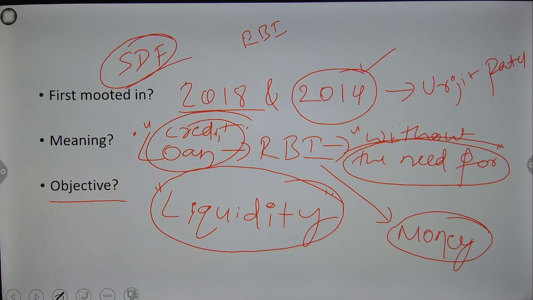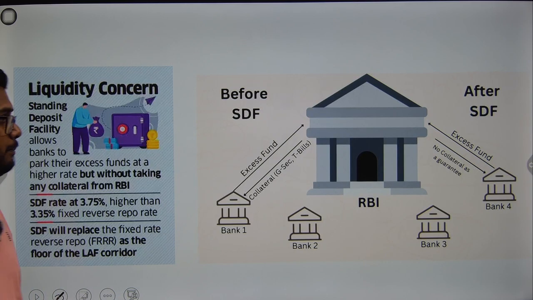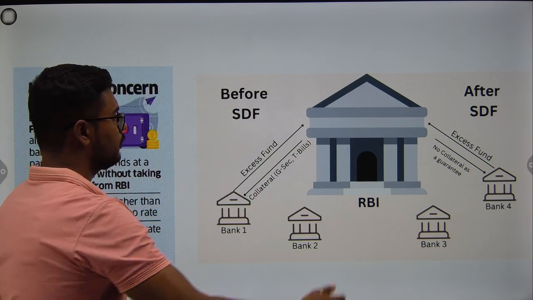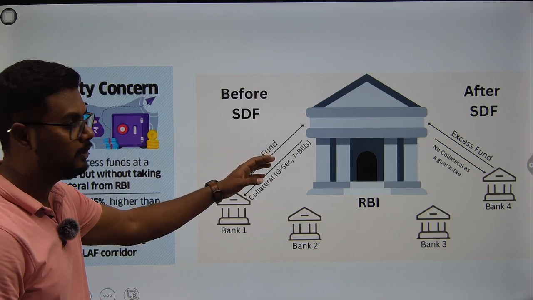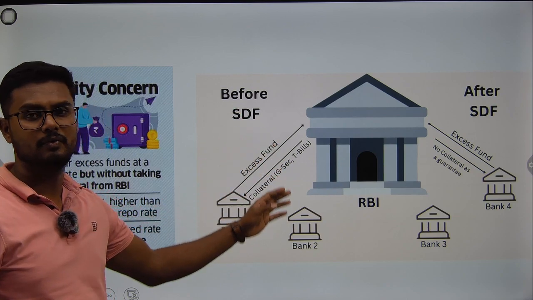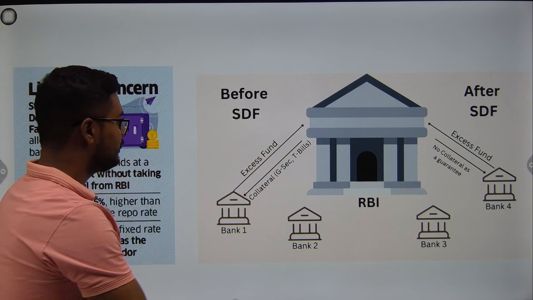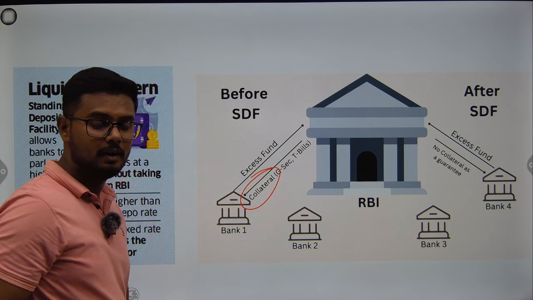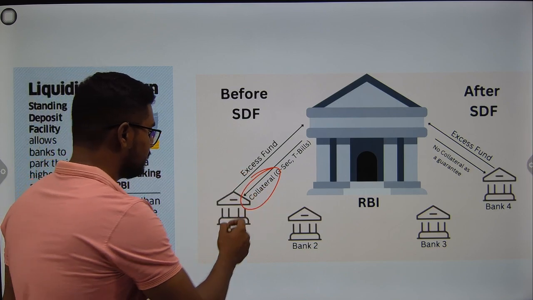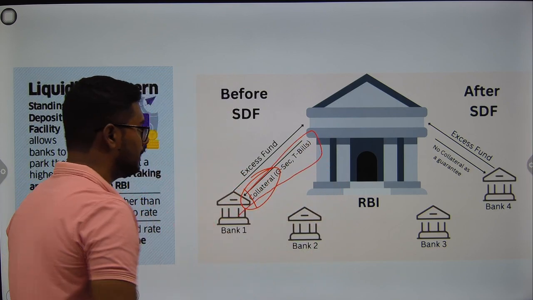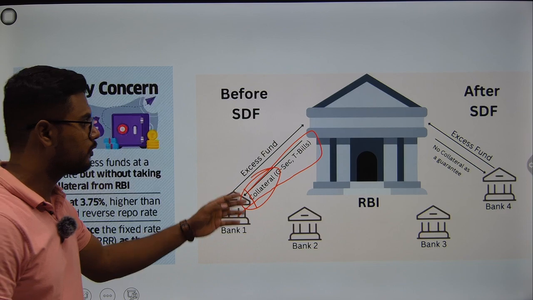Alright. So what happened before the introduction of SDF? Before the introduction of SDF, if banks wanted to take some money overnight through various available facilities from the Reserve Bank of India, they needed collateral. Collateral means government securities or treasury bills. Once they pledged this collateral, only then would they be allowed to take excess funds from the RBI.